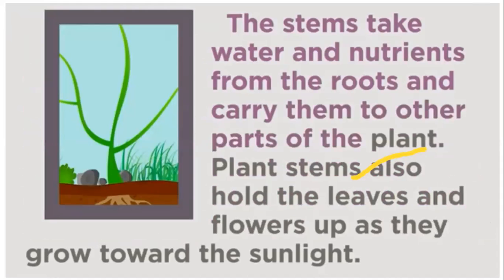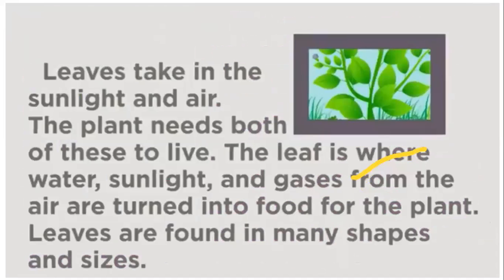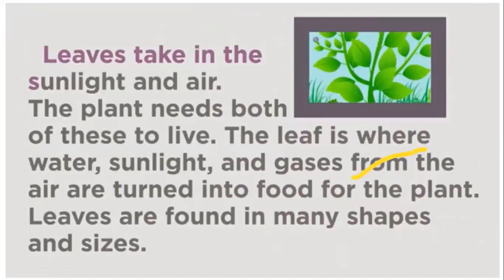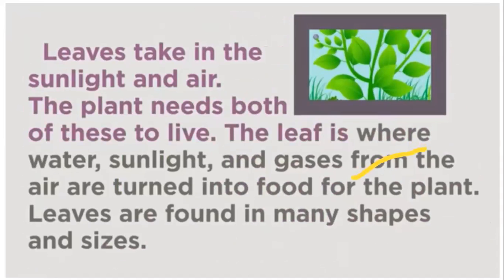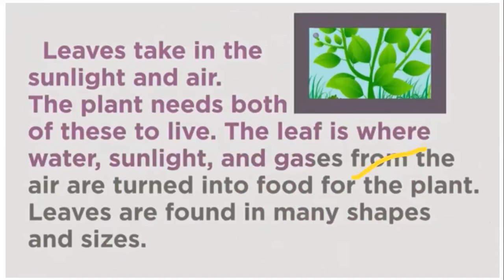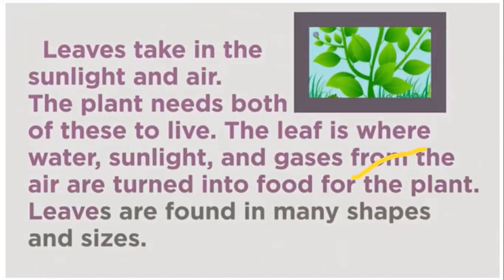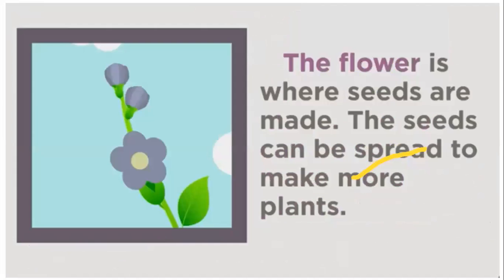Plant stems also hold the leaves and flowers up as they grow toward the sunlight. Leaves take in the sunlight and air. The plant needs both of these to live. The leaf is where water, sunlight, and gases from the air are turned into food for the plant. Leaves are found in many shapes and sizes. The flower is where seeds are made. The seeds can be spread to make more plants.